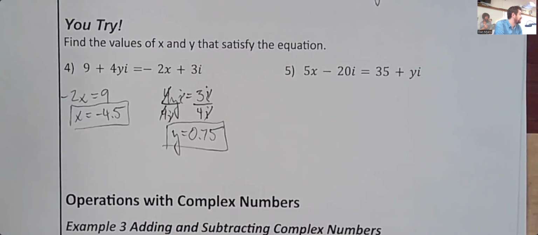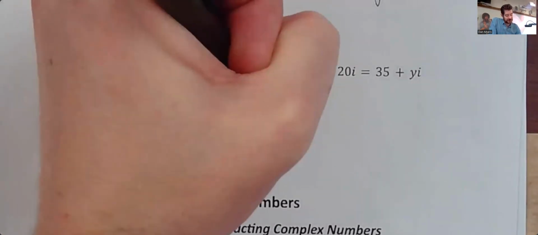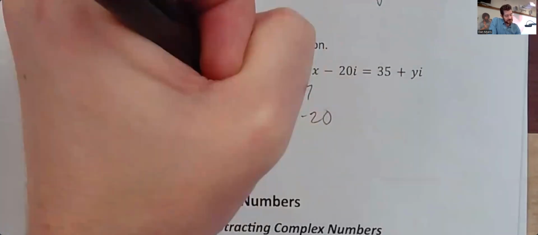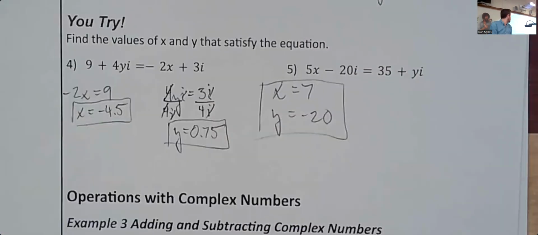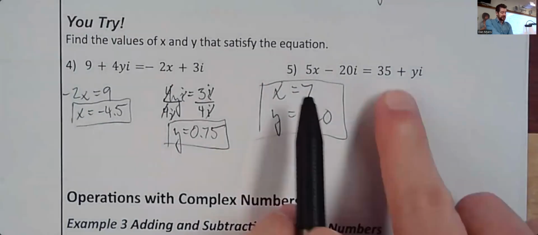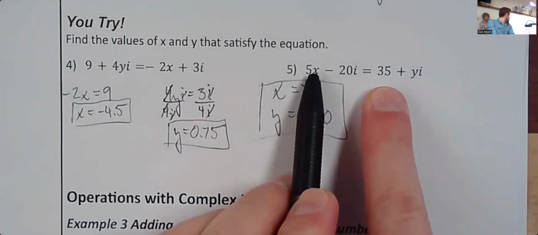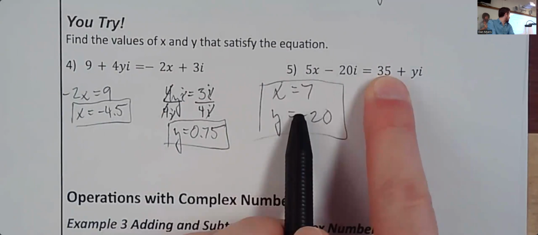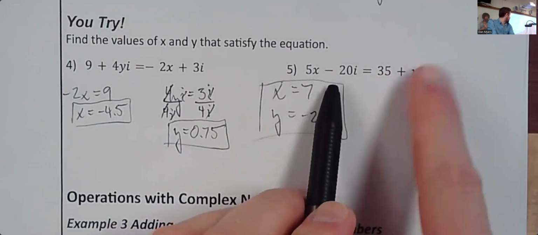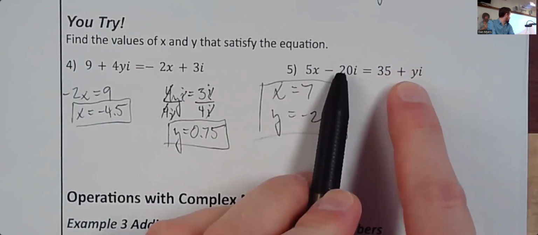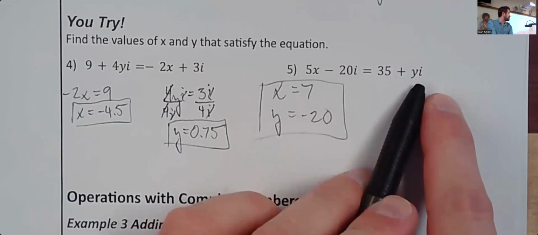What do you have, x for number 5? 7, good. How about y? -20, good. There we go. It's basically just asking yourself, look at the 35 and look at the 5x. What number times 5 equals 35? Well, that's 7. How do I get -20 over here instead of y? Well, you just replace y with -20. Good.